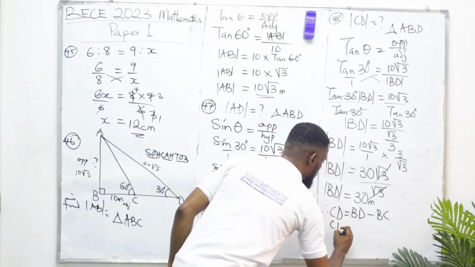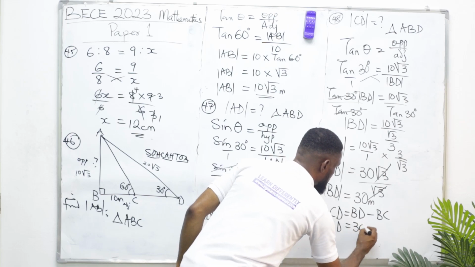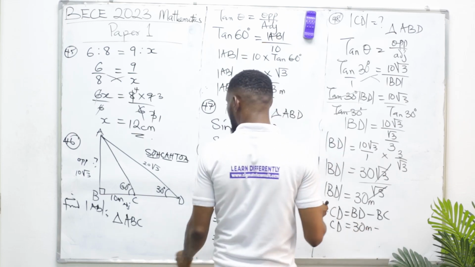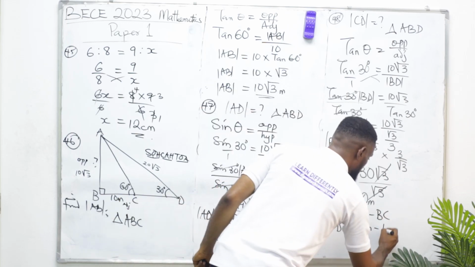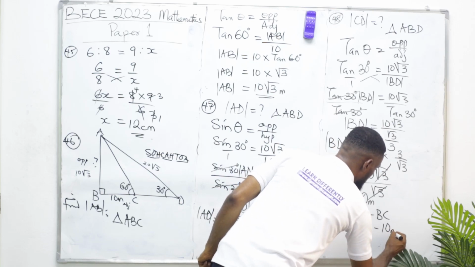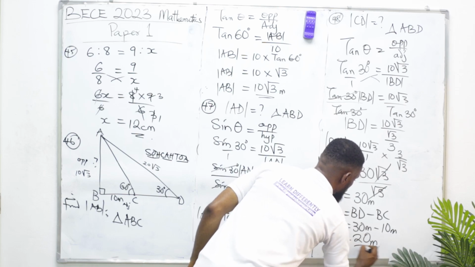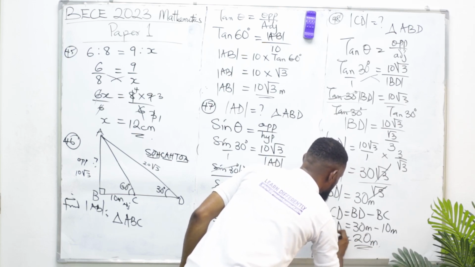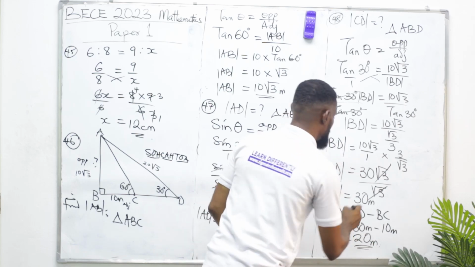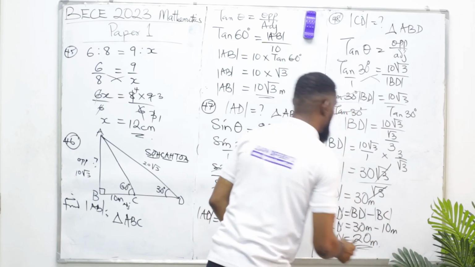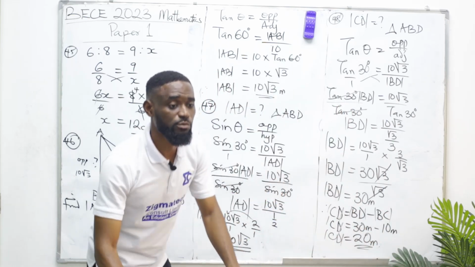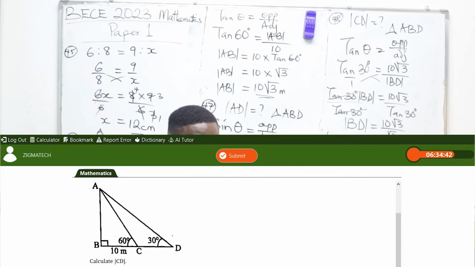Our CD now will be equal to 30 meter minus BC, which is 10 meter. So this will be 20 meter. So our line CD is equal to 20 meter, right? So our correct option there is option A.